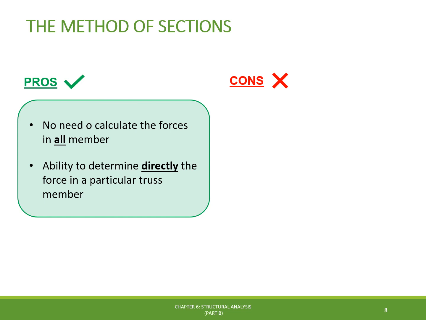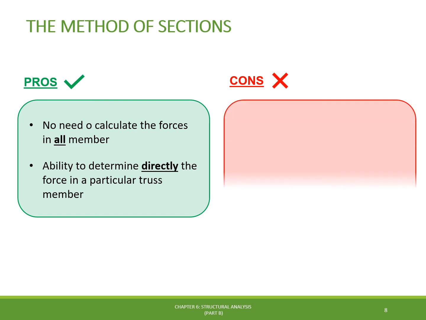Another important advantage of this method is the ability to determine directly the force in a particular truss member by carefully selecting the section to be used and the joints about which the equilibrium equations for the moments will be applied. This advantage facilitates a lot the math to get the answers compared to the method of joints.